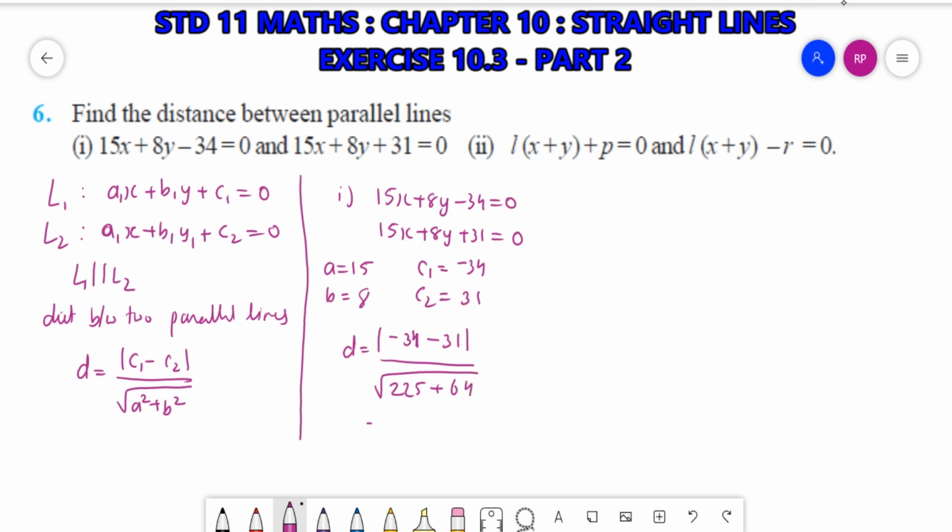So this will be equal to -65 upon under root of 225 + 64, that will be equal to 289, and its modulus.